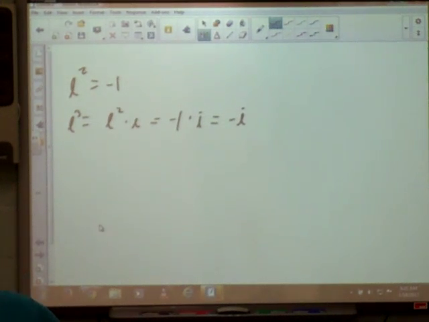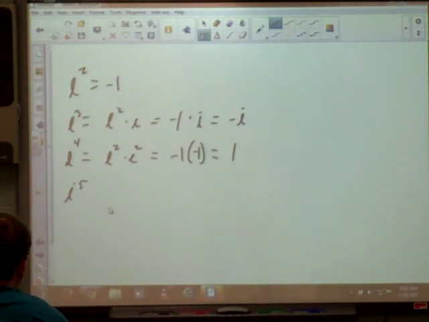Okay, we're going to make a list until we figure out a pattern. i to the 4th. Since we know what i squared is, we want all this in terms of i squared. So i to the 4th would be i squared times i squared, which is negative 1 times negative 1, which is 1. Okay, i to the 5th. Can I say i to the 5th is i to the 4th times i?